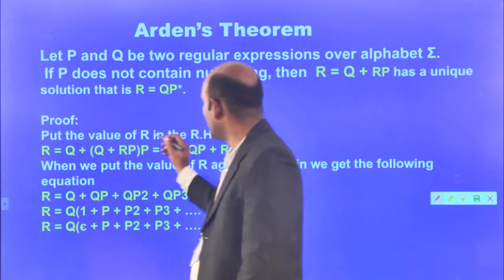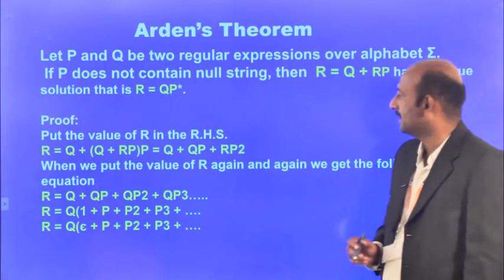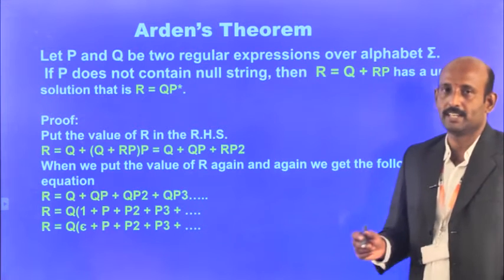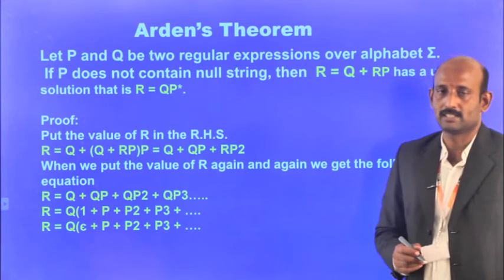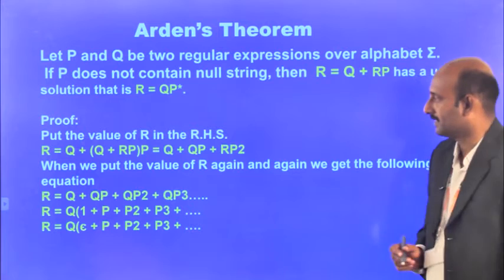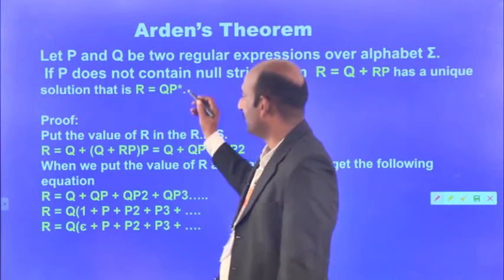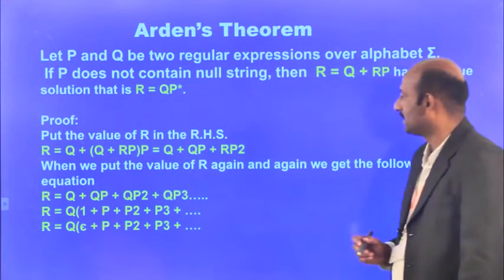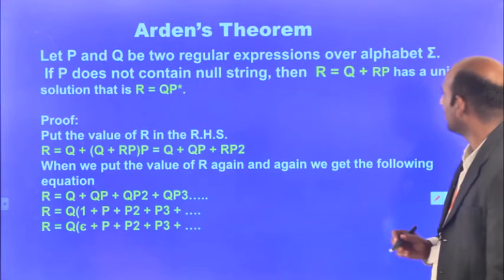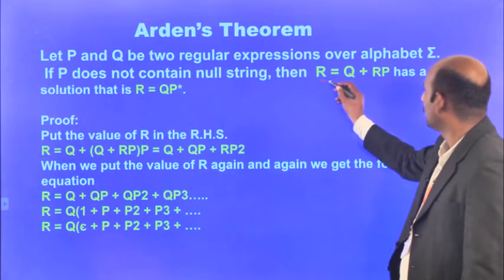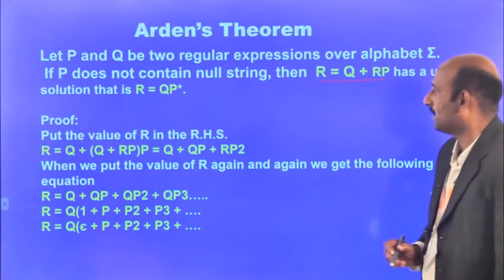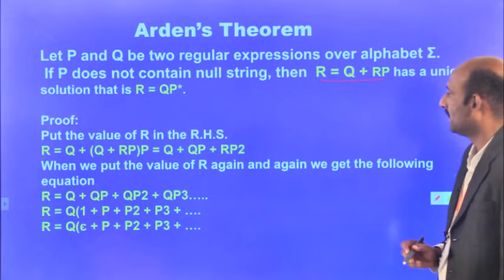Put the value of R in the right hand side of the equation, and we have to prove that the left hand side equals the right hand side. R equals QP star. Here the value of R is Q plus RP.